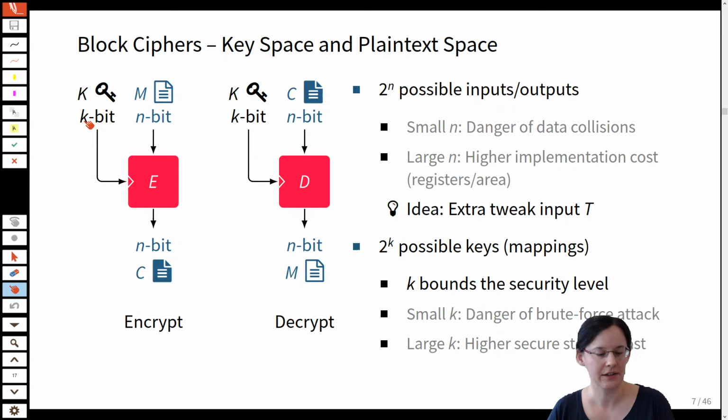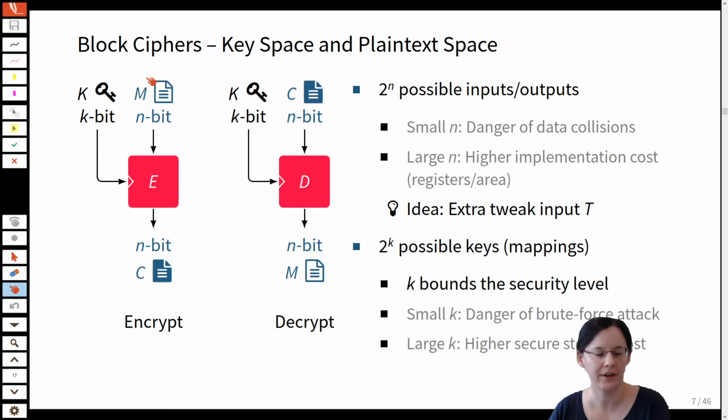Now let's have a look at what sizes could be suitable for these k and n. Let's first look at n, the size of the message. In the previous example, n was pretty small, because then there are already many possible keys. However, if we have a very small n, then if we process more parts of our data with this function, we will often find collisions.